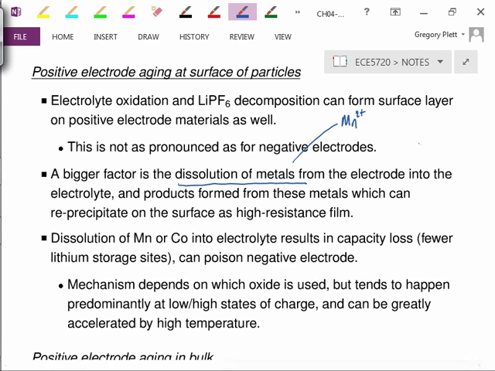And with LMO electrodes, lithium manganese oxide, this is probably the main deterioration mechanism of the positive electrode, because manganese is relatively unstable in the electrolyte, especially at high states of charge and at low states of charge.